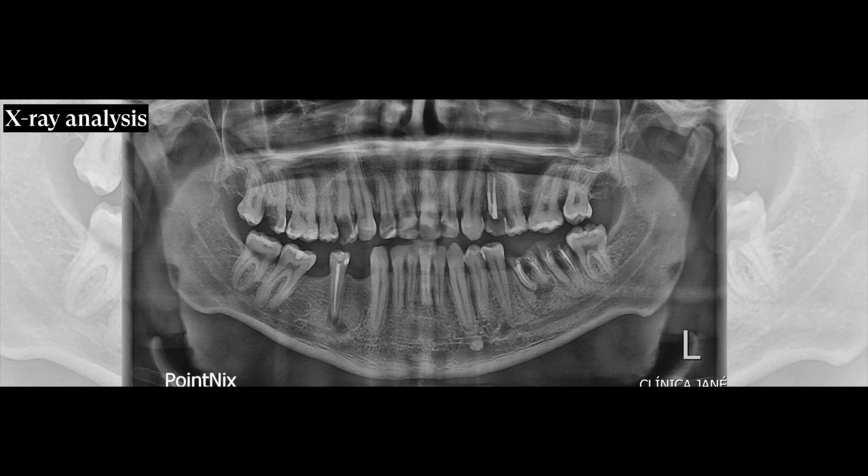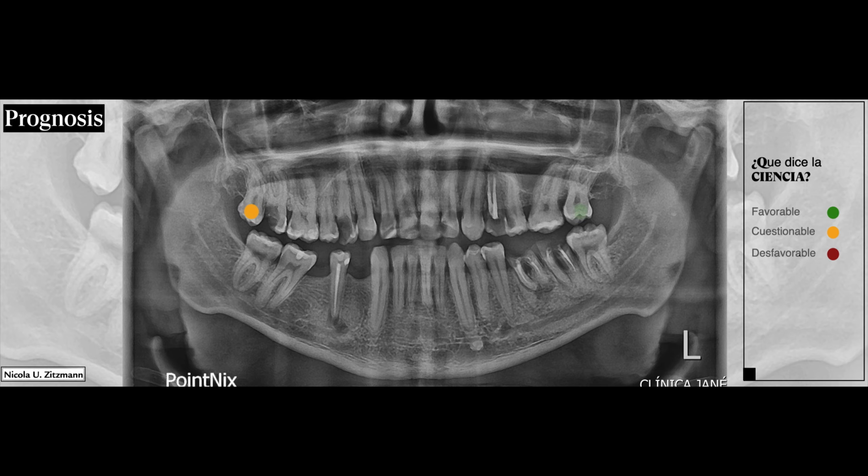many problems. And as I told you before, the first step is to define the prognosis. I like to spot every tooth in 3 different colors. If it's favorable, green spot. If it's questionable, orange spot. And if it's hopeless, red spot.